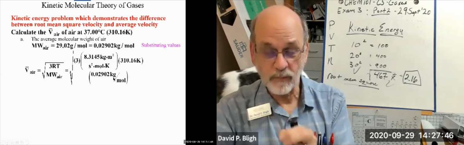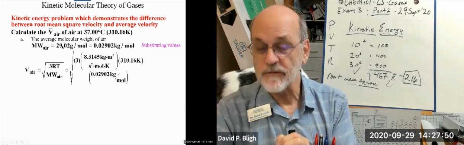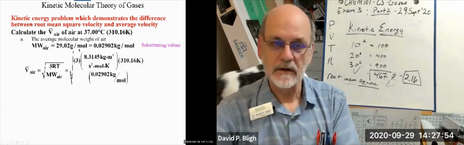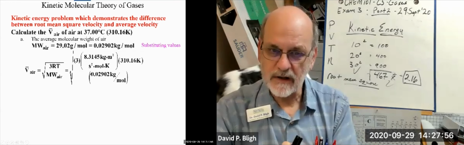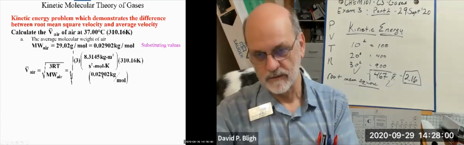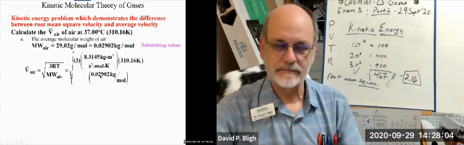So there's one place that can trip you up. This is the molar mass that you would get off the periodic table, the same units. But when you put it in this formula, it has to be SI units, kilograms per mole. So you have to change it. Move the decimal place 3 to the left.